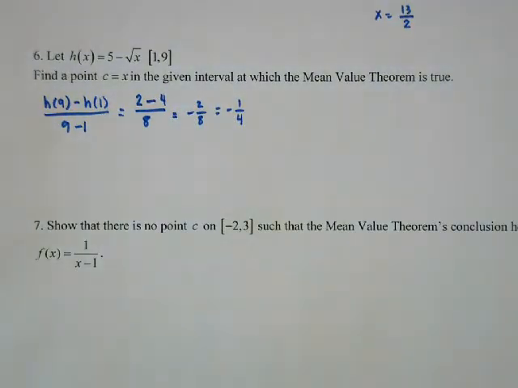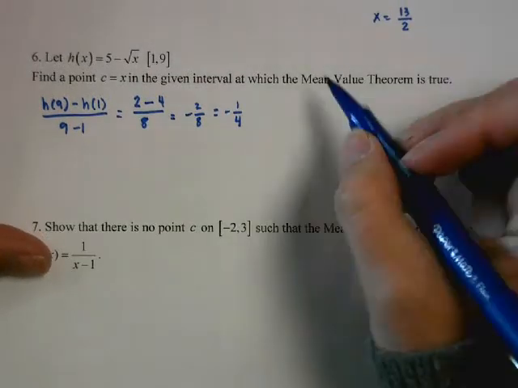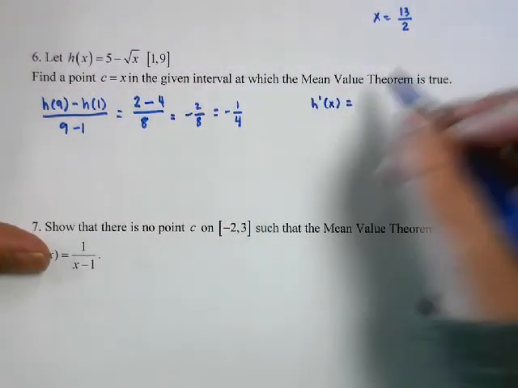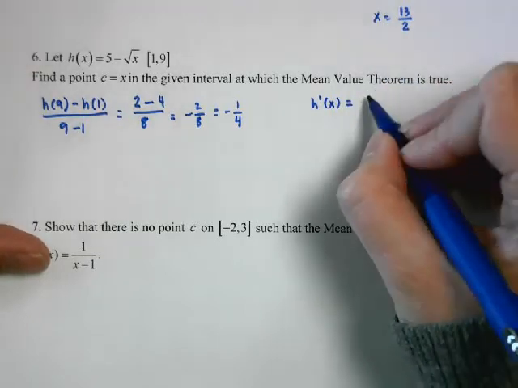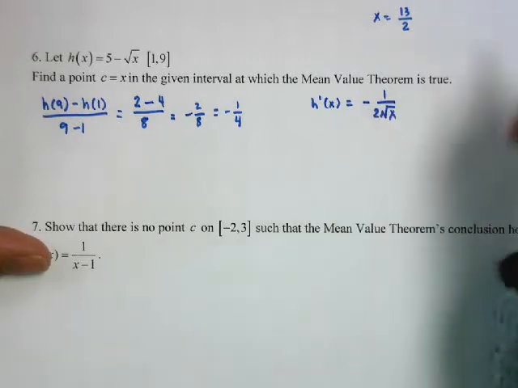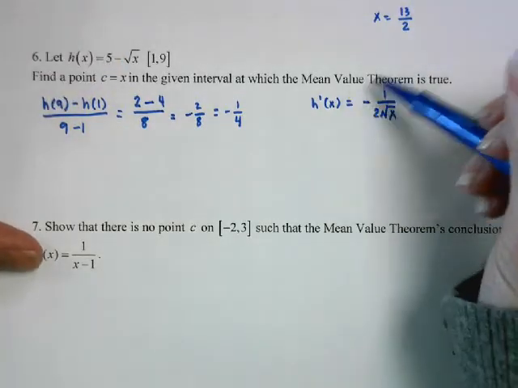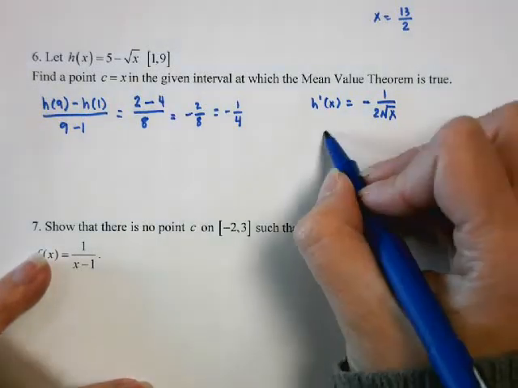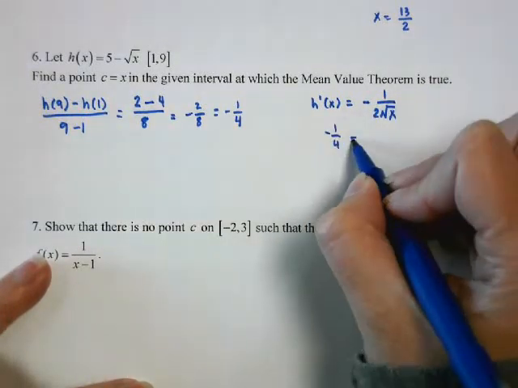Now we're going to find where, between 1 and 9, the slope of the tangent line is also negative 1/4. So we take the derivative. That's going to be negative 1 over 2 root x. The derivative of square root is 1 over 2 root x, and that makes it negative. So we set that equal to negative 1/4.